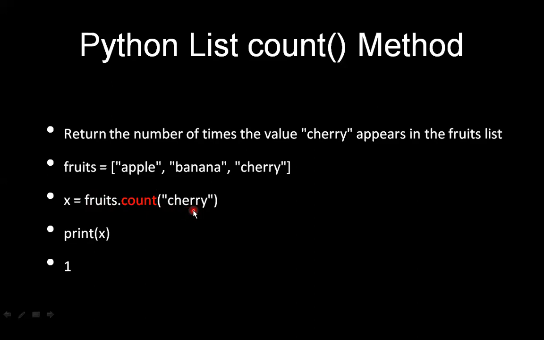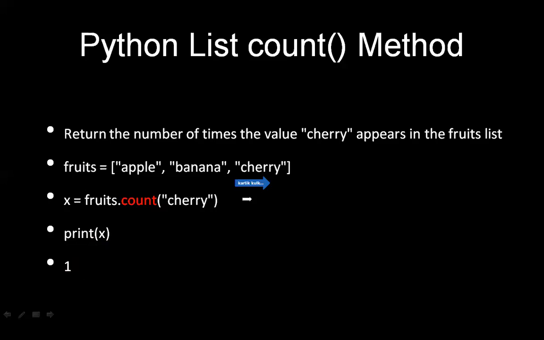It means we count how many times cherry is repeated in the fruits list. When I print the value of x, you will get the output 1. Why do you get 1? Because in the fruits list, cherry appears only one time.